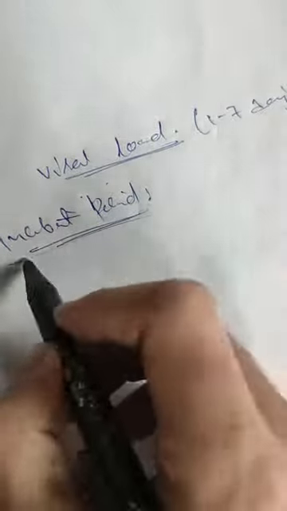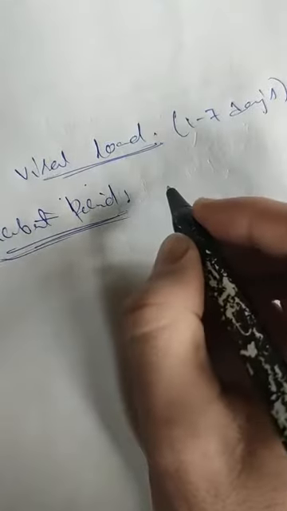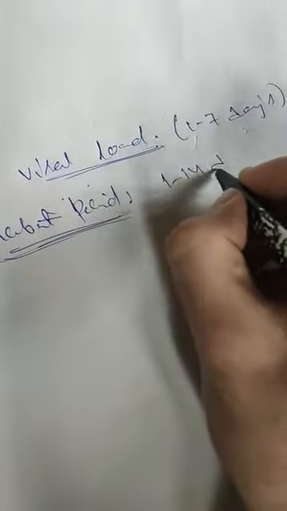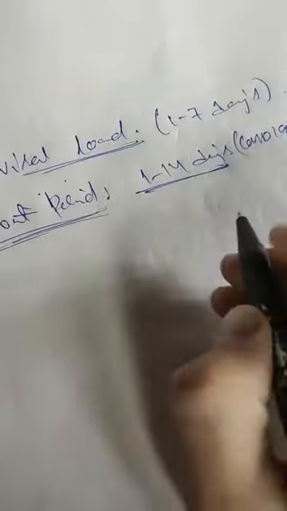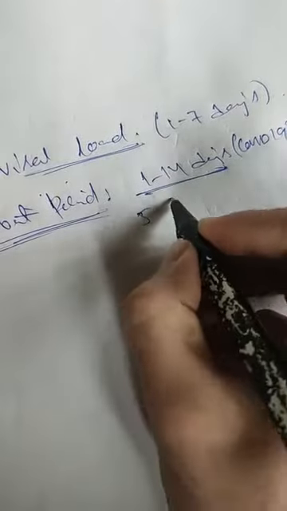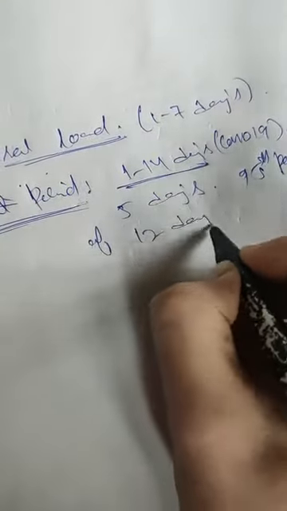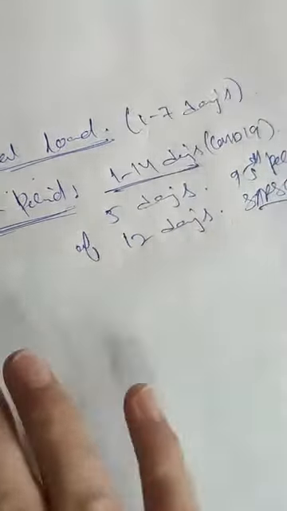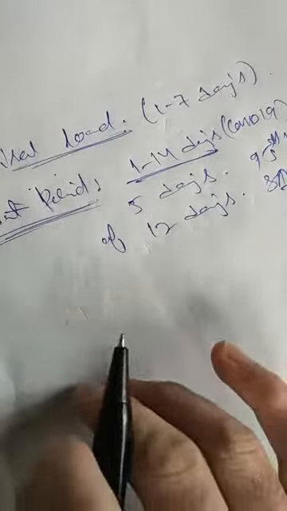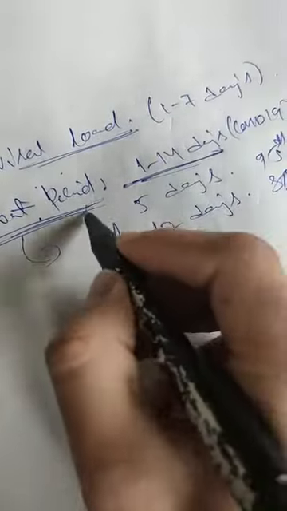The current incubation period ranges from 1 to 14 days in COVID-19, with a median of 5 days and a 95th percentile of 12 days. That is similar to SARS-CoV.